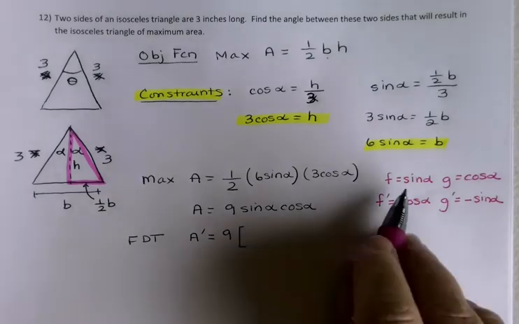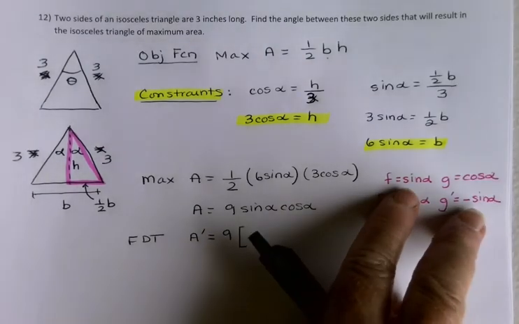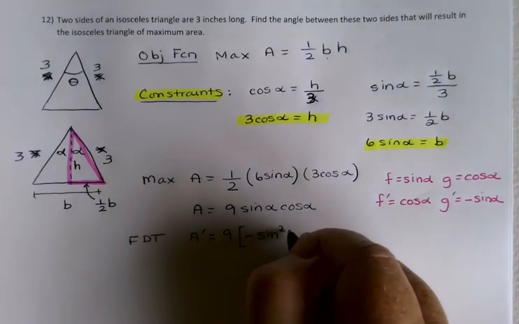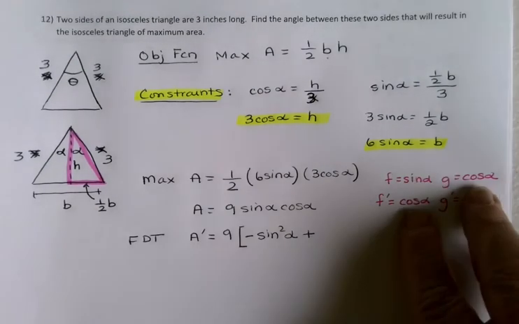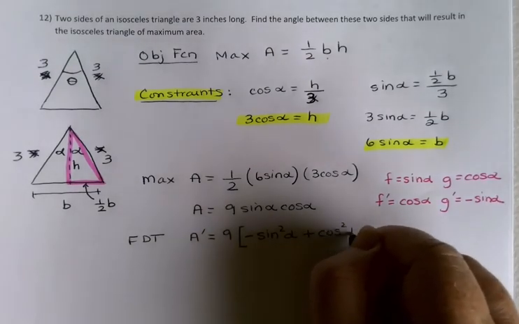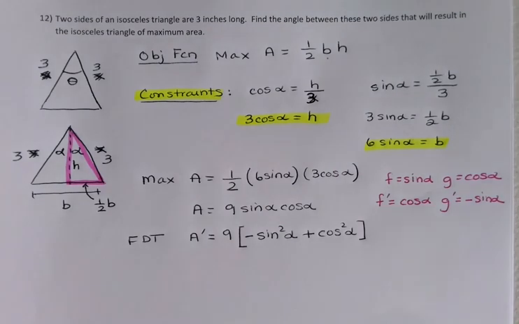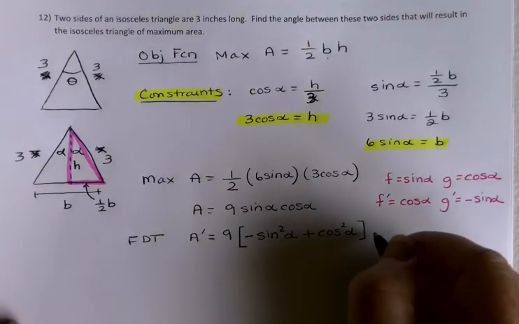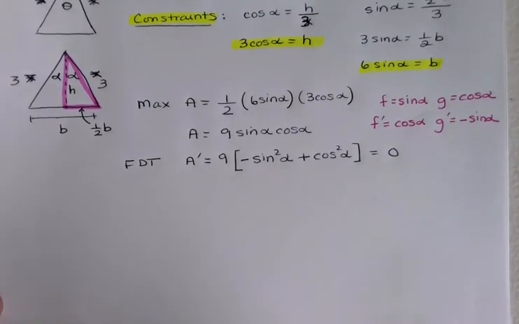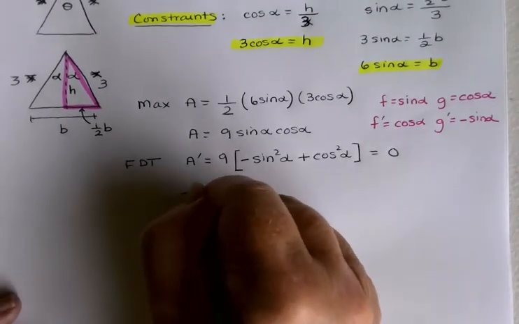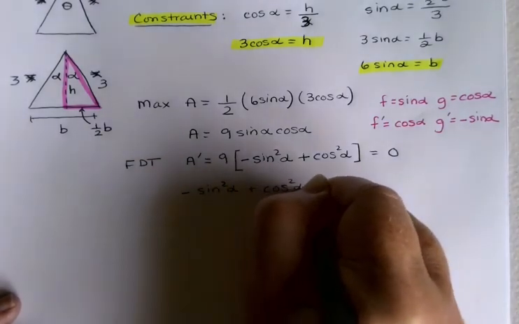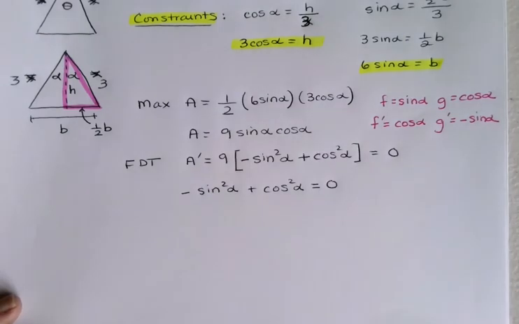Product rule, F G prime will be negative sine squared alpha plus G F prime would be cosine squared alpha. And I'd like to know where that's equal to 0. Of course, I can divide out the 9, so that really just says minus sine squared alpha plus cos squared alpha equals 0.